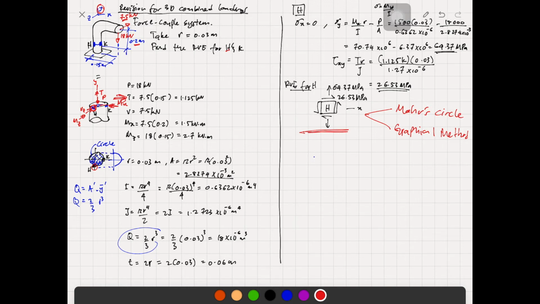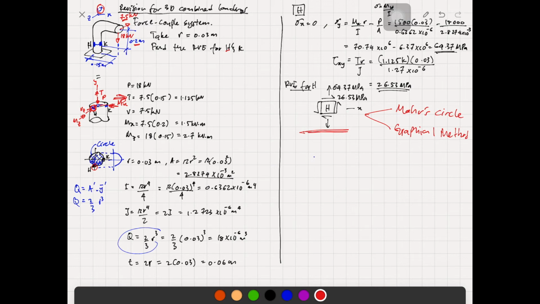At least there are two solutions that are really popular in solving for the principal stresses at a particular location.